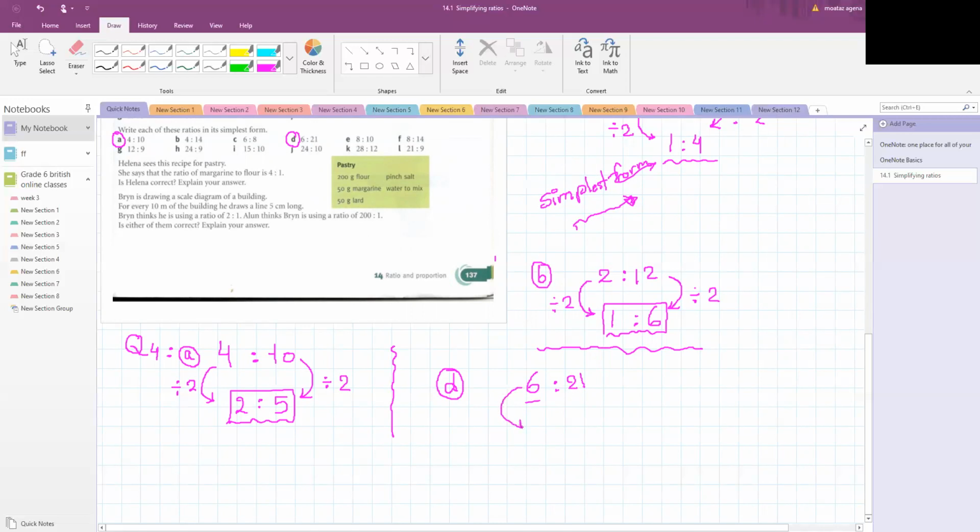So I'll divide 6 by 3 and divide 21 by 3. So 6 divided by 3 equals 2 and 21 divided by 3 equals 7. Since we cannot divide more, this ratio is in simplest form.